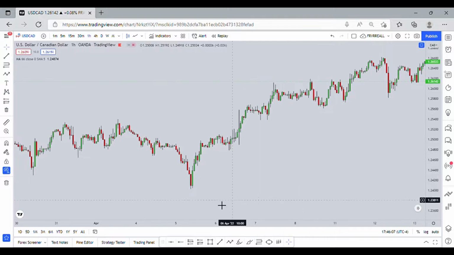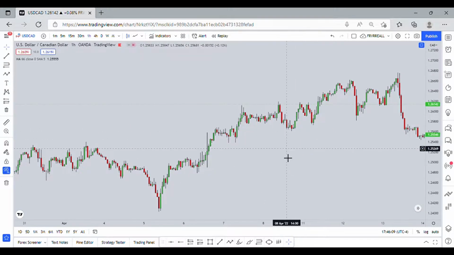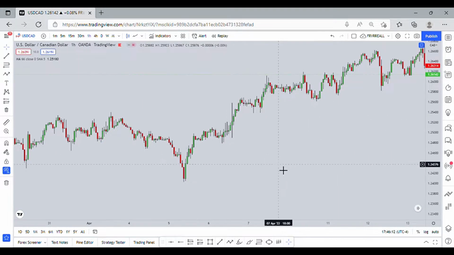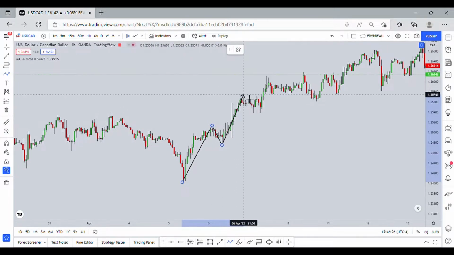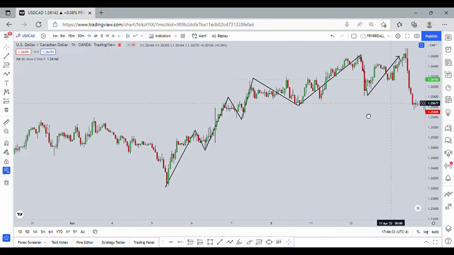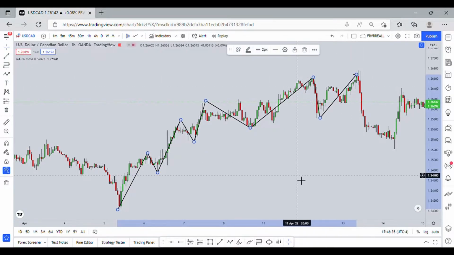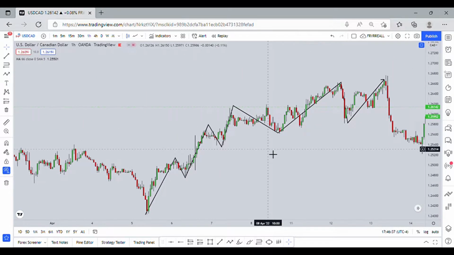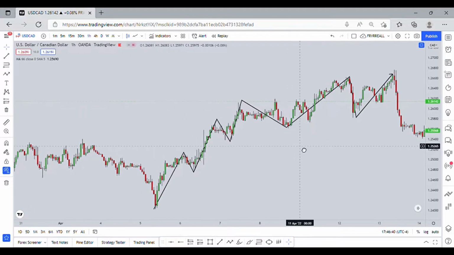What I've just showed you a few moments ago was an uptrend, so I'll just repeat that. Here is an impulsive move, a retracement, impulsive move, retracement, impulsive move, retracement, impulsive move, retracement, etc. Markets repeat themselves over and over again, right?